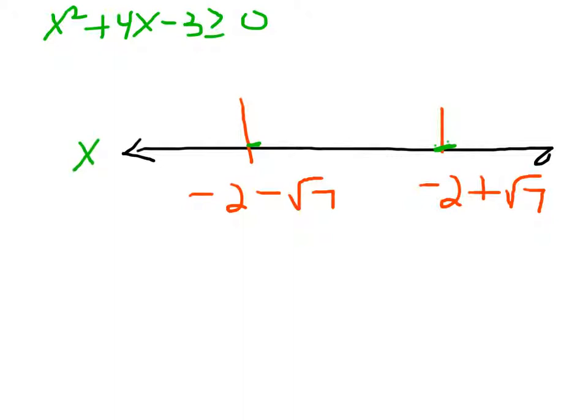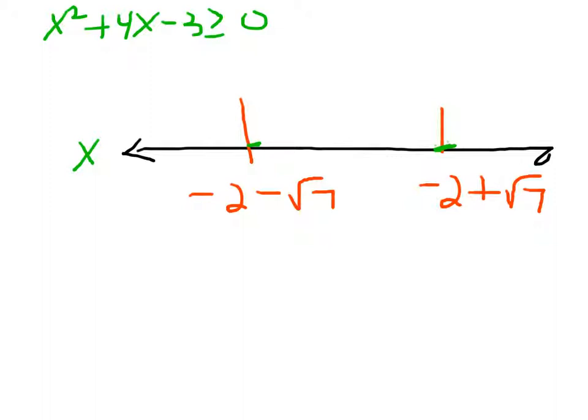Now you can choose numbers in the various areas of the number line. So you could pick a number in here, for instance, plug it in and see if it's positive or negative. You could pick a number in between, see if it's positive or negative, and same thing on this side. However, sometimes it's difficult for people to come up with those numbers.